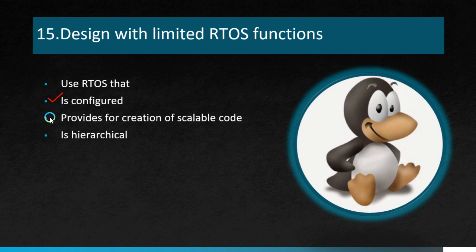Second one, use an RTOS which provides for creation of scalable code. This means include only the needed functions in the executable files so that the number of RTOS functions will be limited. Third one, use an RTOS which is hierarchical. That is, use only the needed management functions at the kernel with the rest outside.